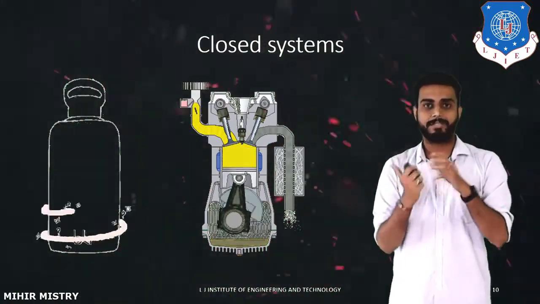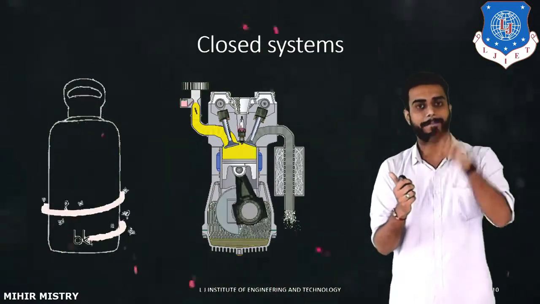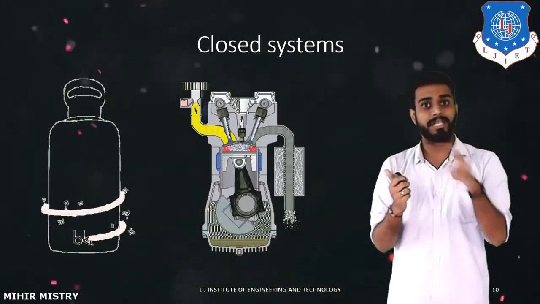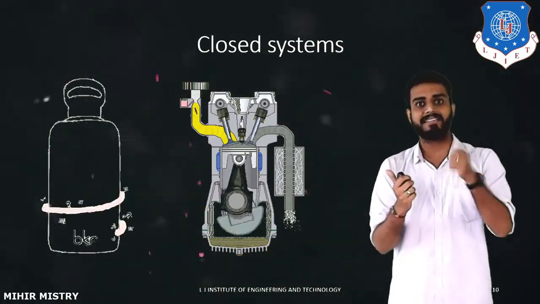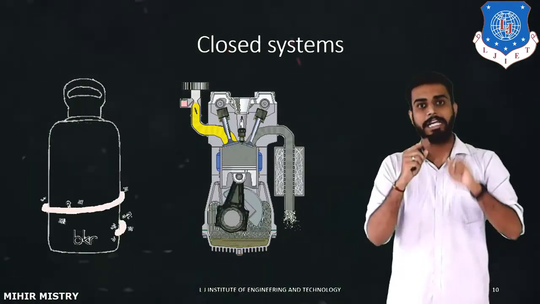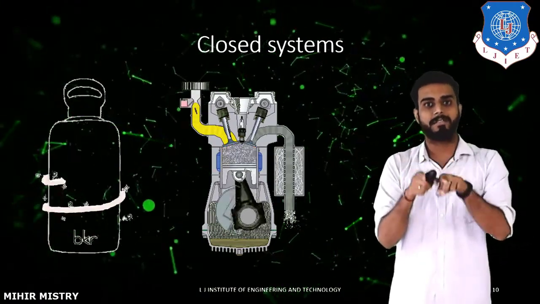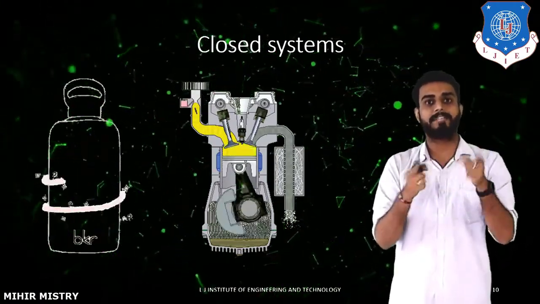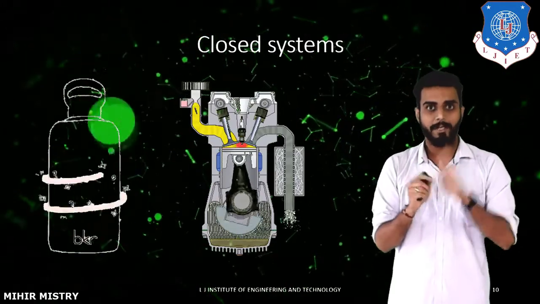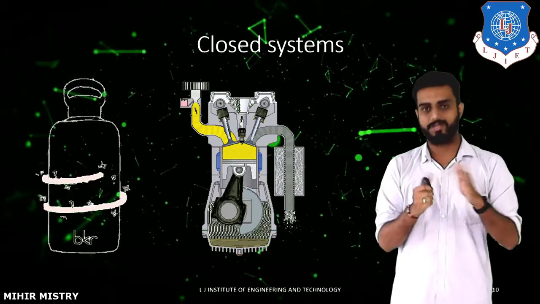In an IC engine, as you can see, particularly the second and third strokes, that is, compression as well as expansion stroke, during these strokes, what will happen? The mass cannot enter the cylinder cavity or leave the cylinder cavity. So during these two strokes, the mass is constant, but energy can transfer from the system to the surrounding. So that is why that will be known as an example of closed system.